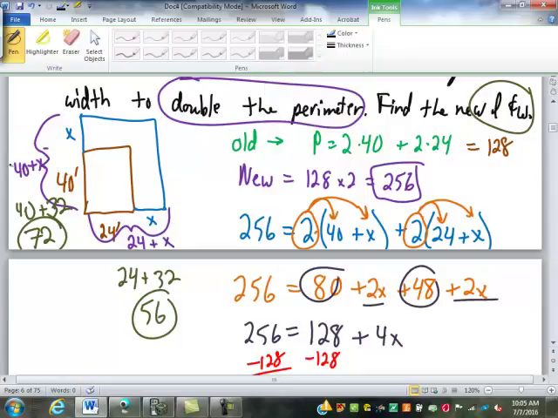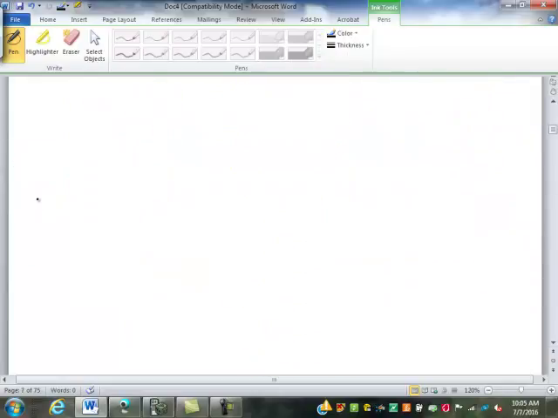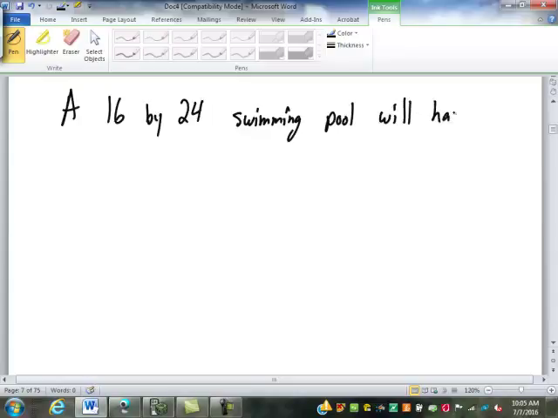I'm going to have you guys try one. Let's look at a 16 by 24 swimming pool. We'll have a deck built all around it.